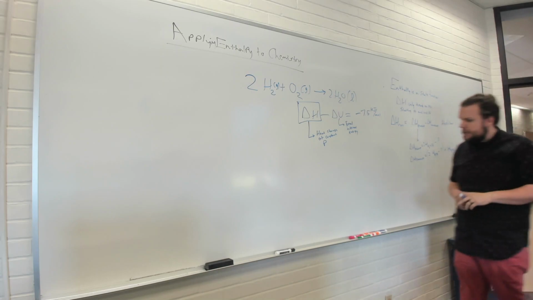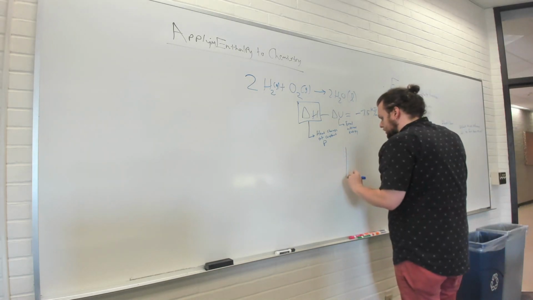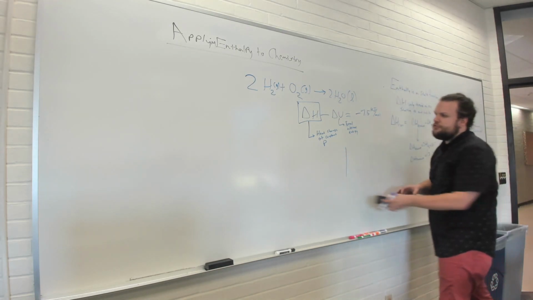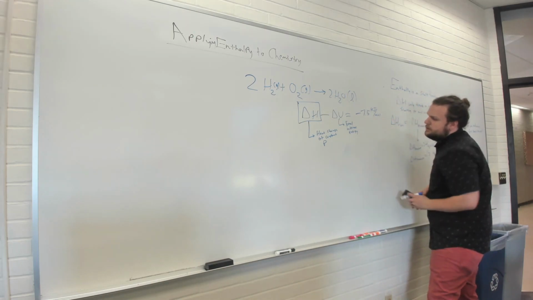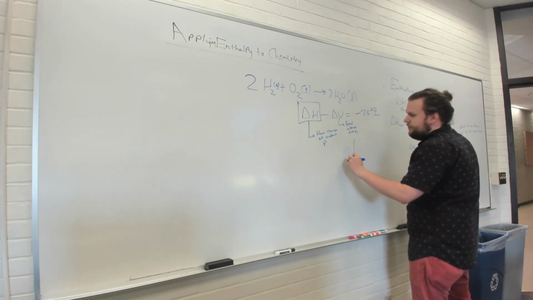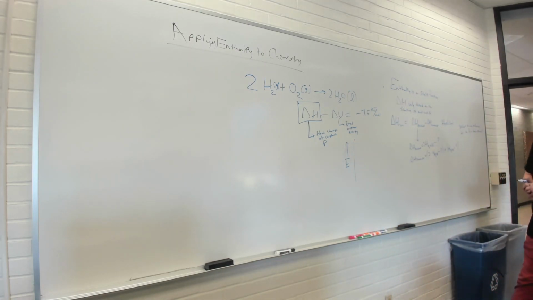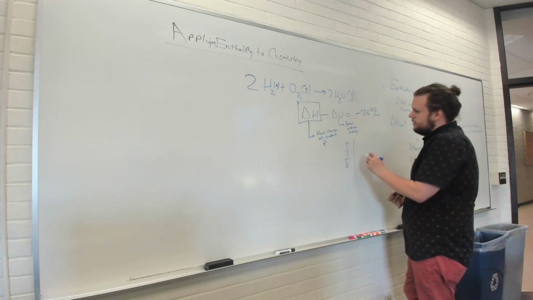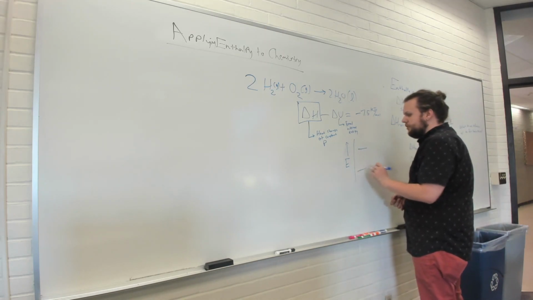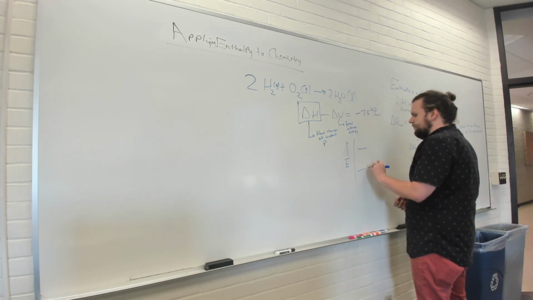Let me explain what I mean by that. Let's imagine that I make an energy scale. So this is energy, increasing energy on the y-axis. And what we measure is, let's call this the initial state and the final state.